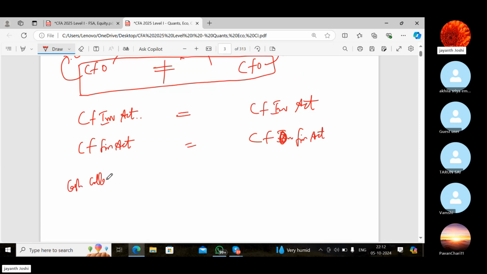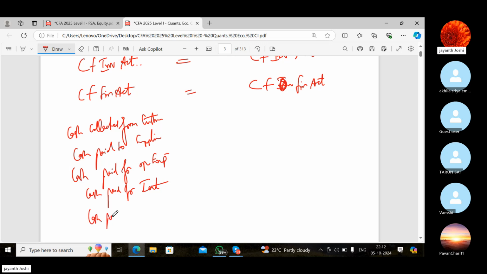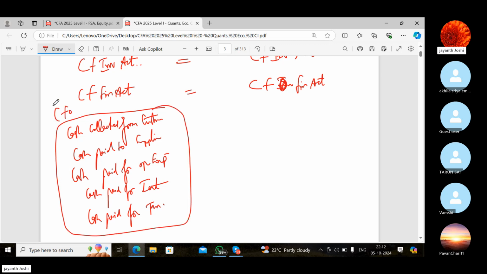Cash collected from customers and cash paid to suppliers, as well as cash paid for operating expenses, cash paid for interest and cash paid to tax authorities. After adjusting or totaling all of this, we get CFO in the direct method.